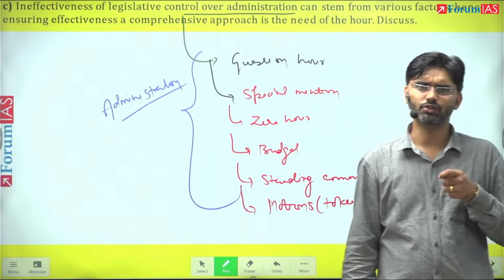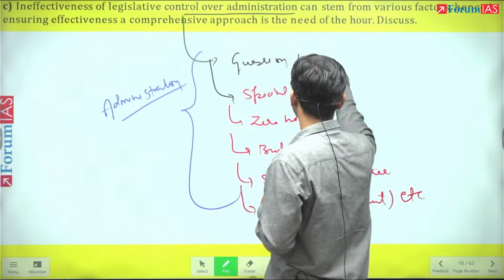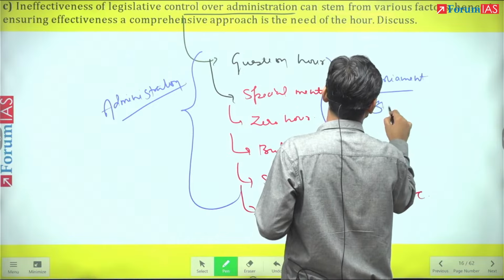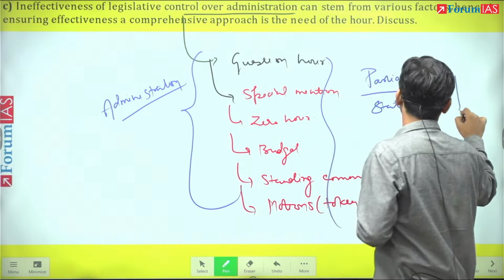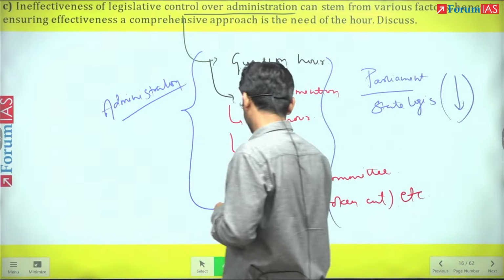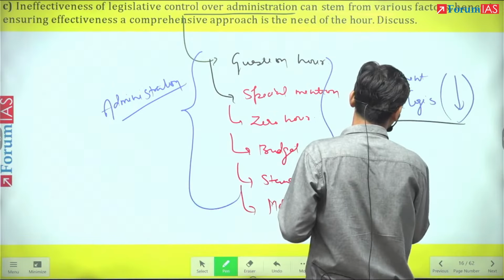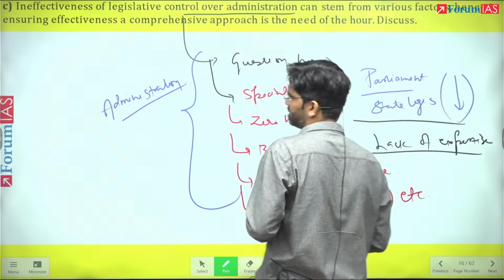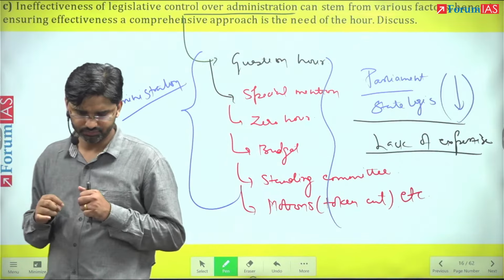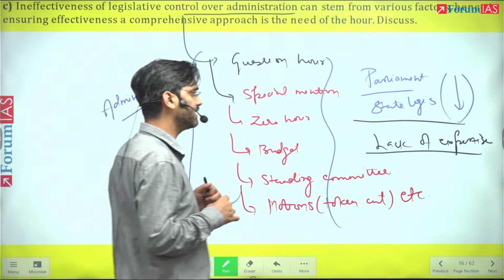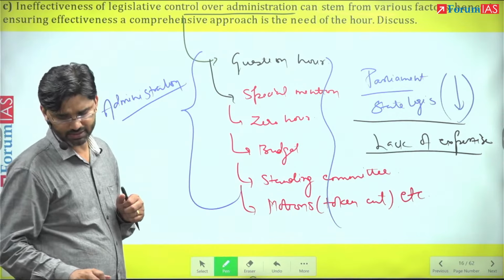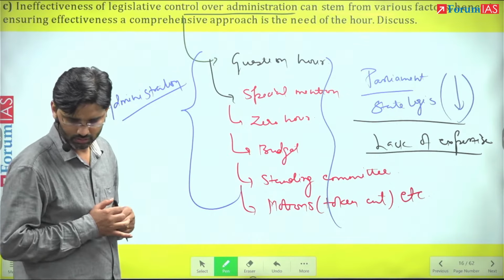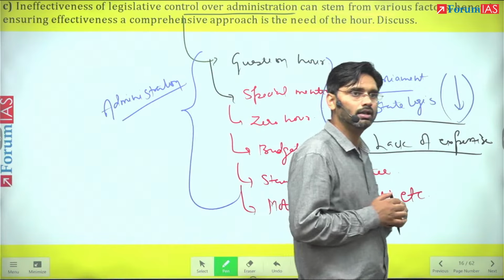But how much is the control? This is the question. Why? Because we see how Parliament as well as state legislatures continuously have their sittings going down. Number one, then we see lack of expertise from the members, because in India we don't follow the US system where even a senator is assisted by lots of experts in the issues, right?